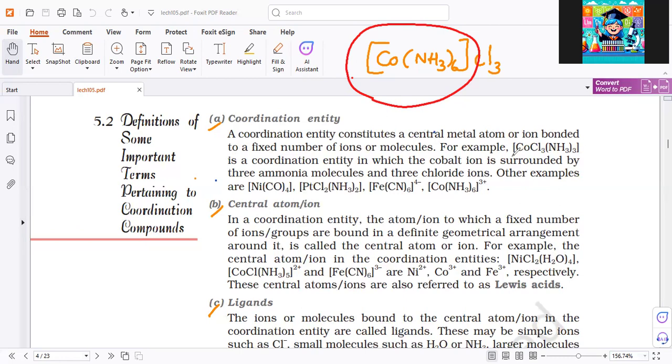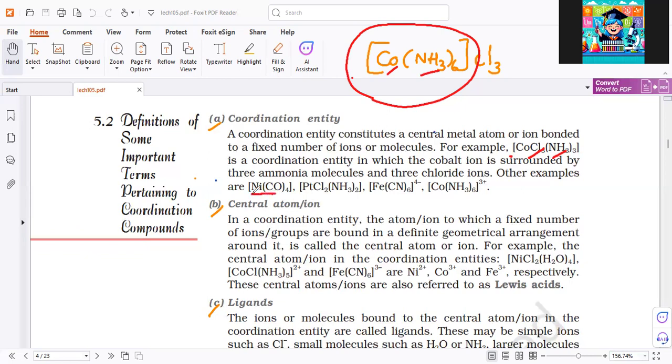For example, CoCl3(NH3)3. In this complex, the coordination entity is a cobalt ion surrounded by 3 ammonia molecules and 3 chloride ions. Here, this coordination entity is a cobalt ion surrounded by 6 ammonia molecules. Other examples are given here.